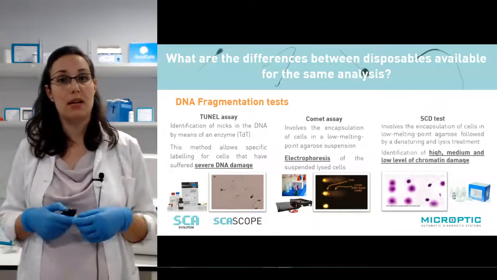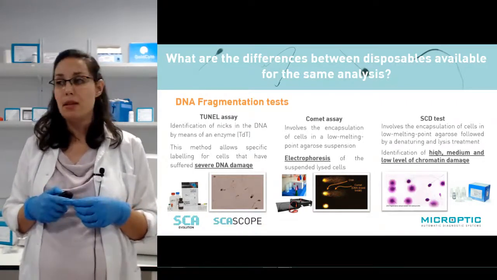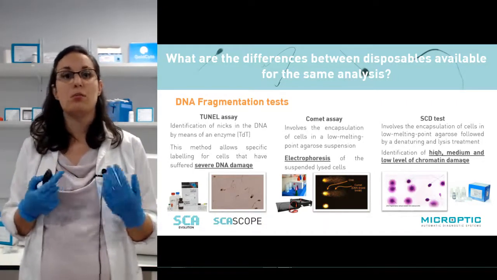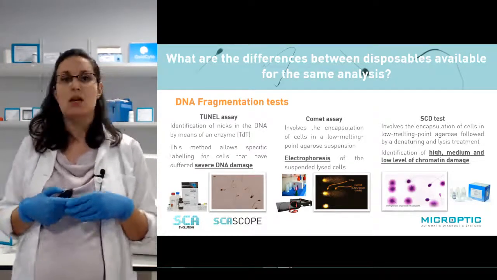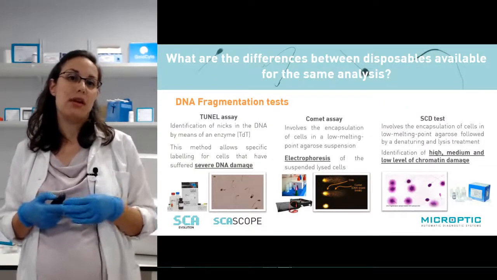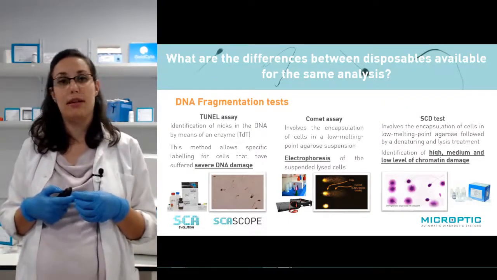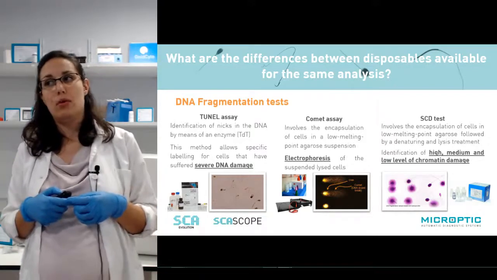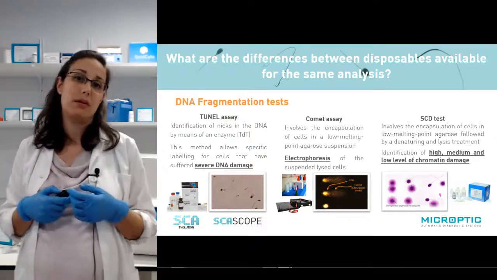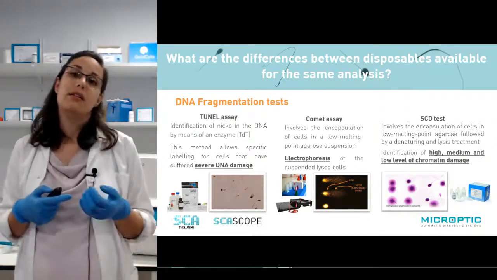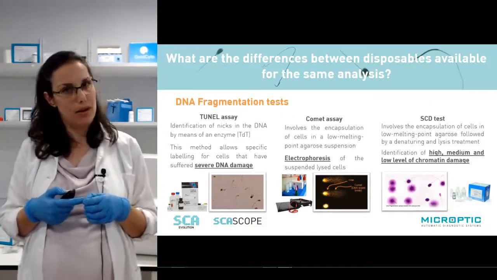Once we are evaluating which is the best technique to use for evaluating DNA integrity, it's important to think about the disposables that are required for sample preparation. So, for instance, for doing TUNEL, which is a very accurate method for evaluating DNA, we have to think that it requires the use of some reagents that are carcinogenic, therefore dangerous for health and not recommended for some laboratories.